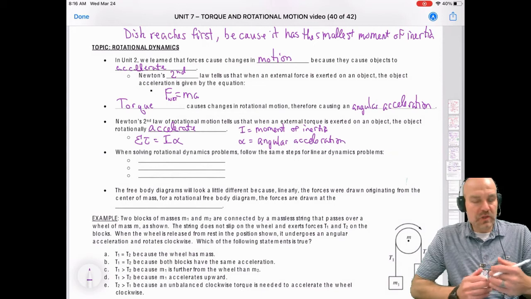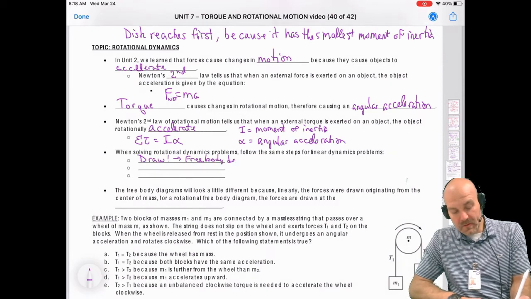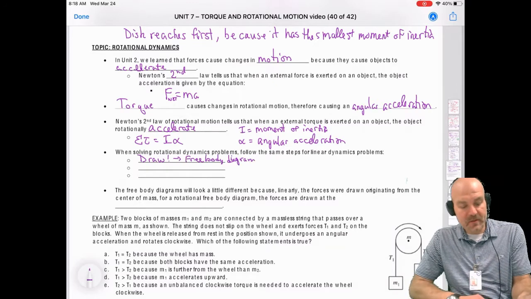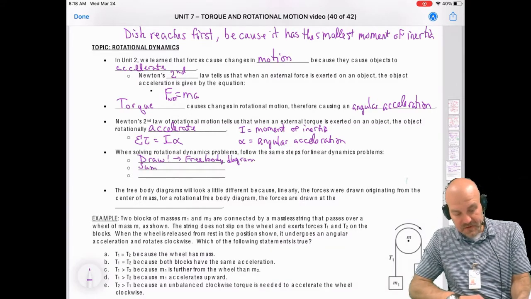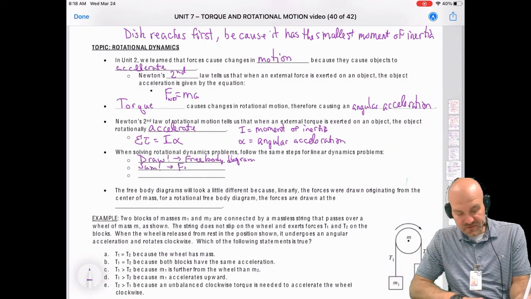Now, there's no difference in the problem solving strategy. The problem solving strategy for force was draw, sum, solve. It's the same thing here. So draw the free body diagram. Next, you sum both the forces and the torques.